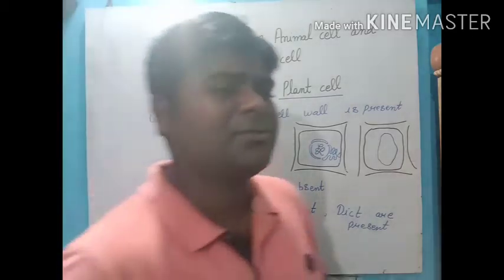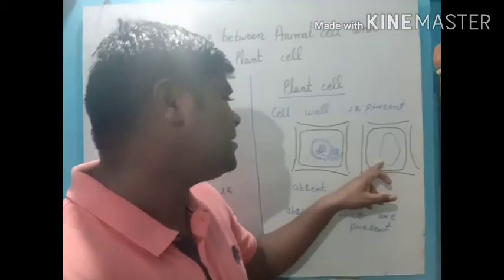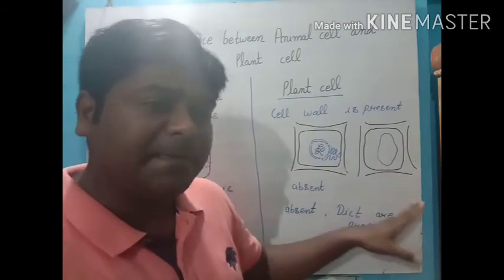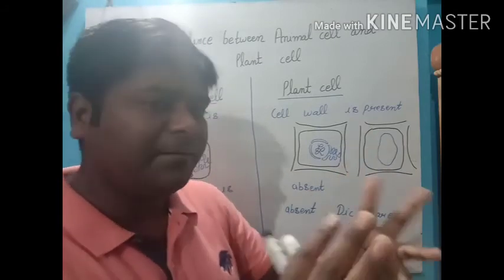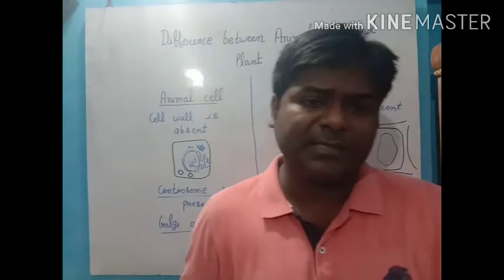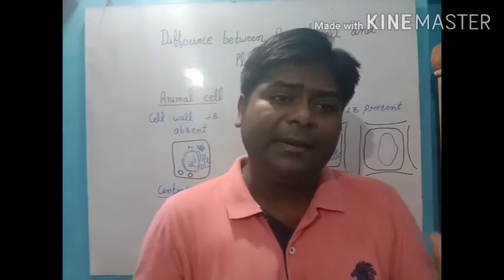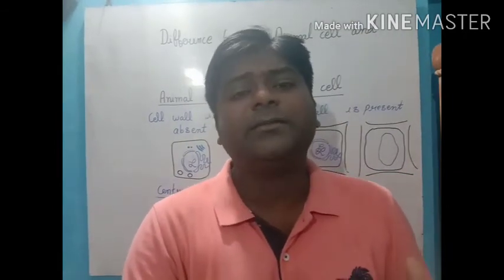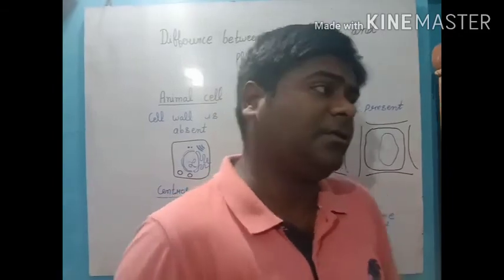There are many in the case of the animal cell. So a large vacuole is present in the plant cell, covering the maximum area inside the cytoplasm, and when we talk about the animal cell, we have smaller vacuoles.